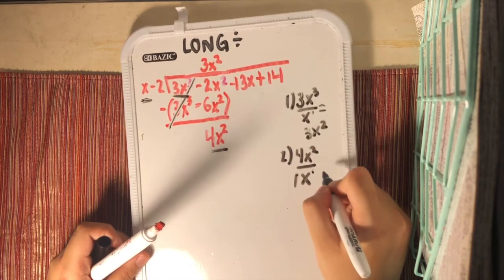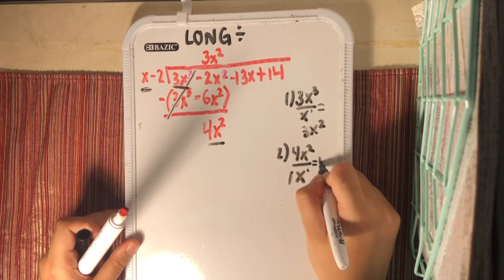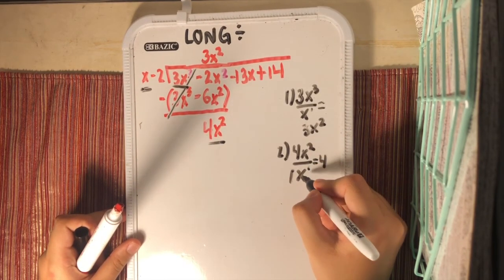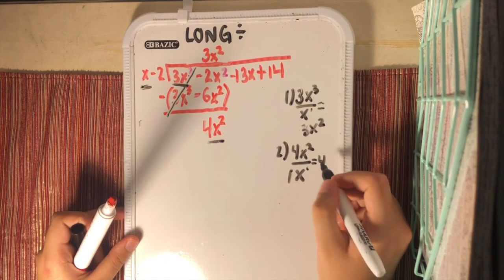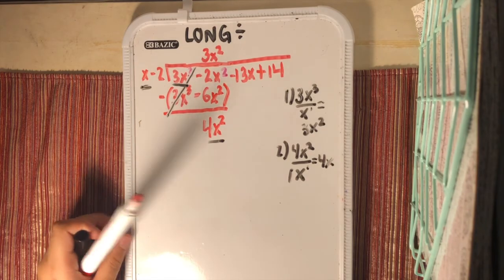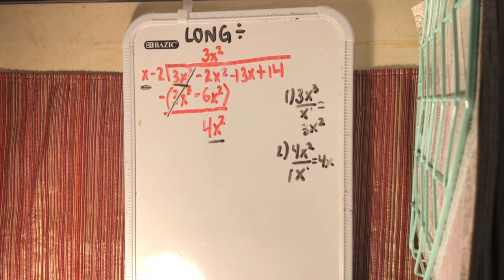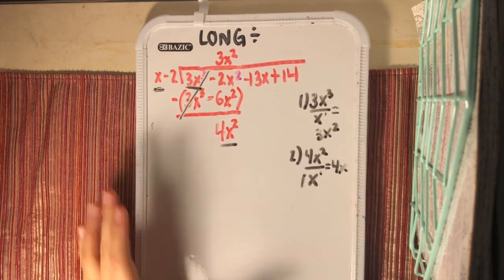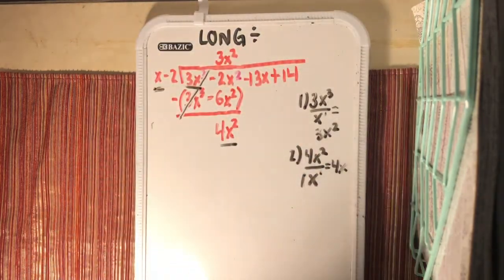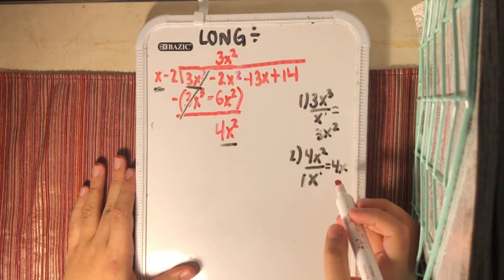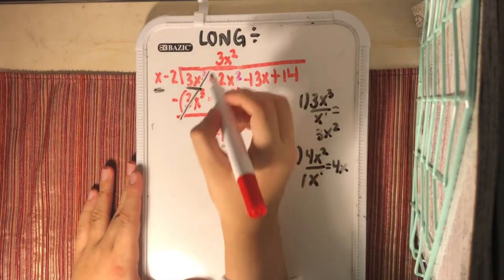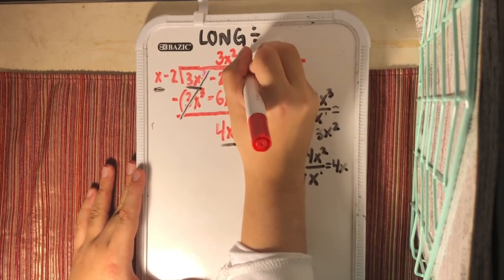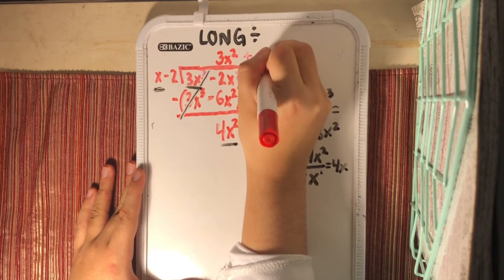So 4 divided by 1 is 4. And x squared divided by x, or 2 minus 1, is going to be x to the first, or just x. So this is our next number that's going to be part of our quotient. So 4x comes up here, and it's positive, so we're going to put a plus sign: 3x squared plus 4x.